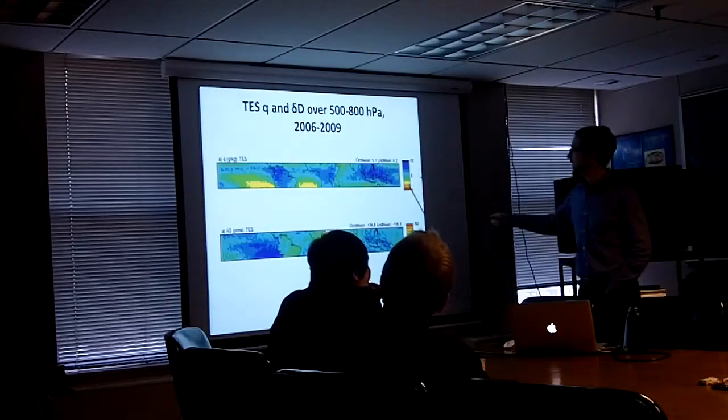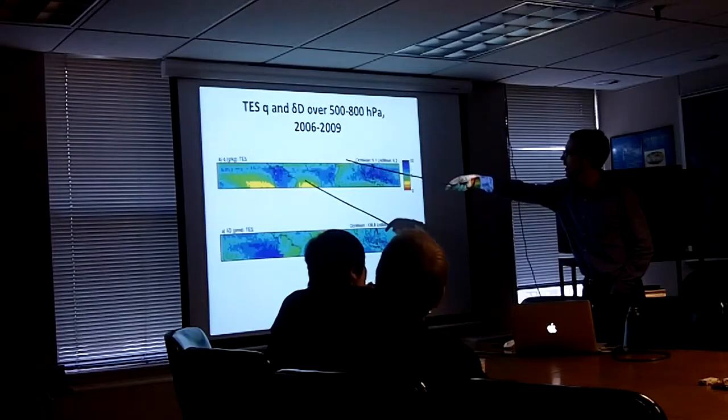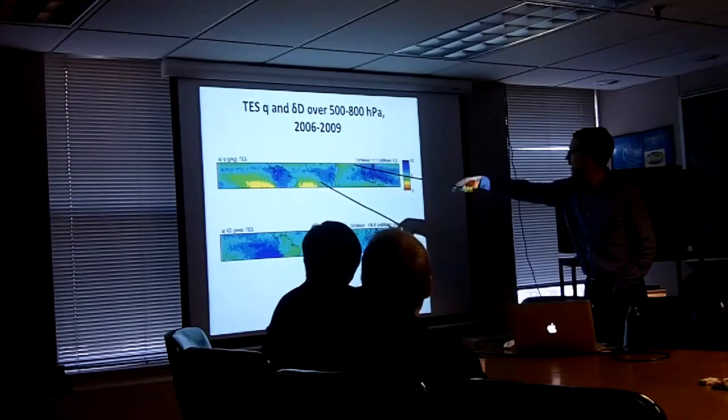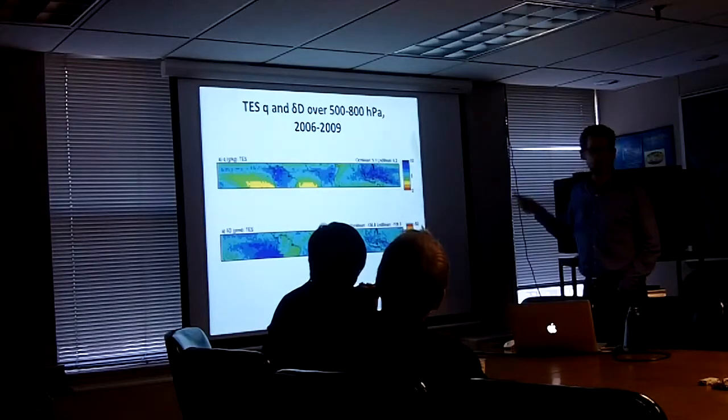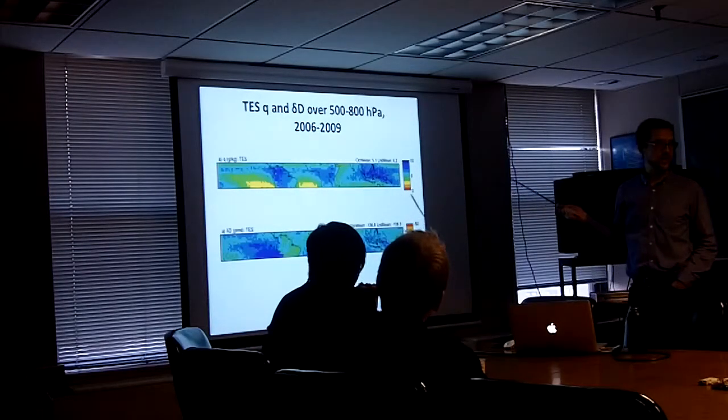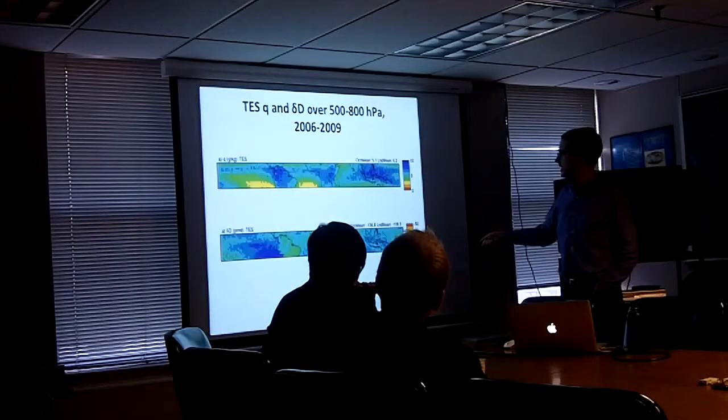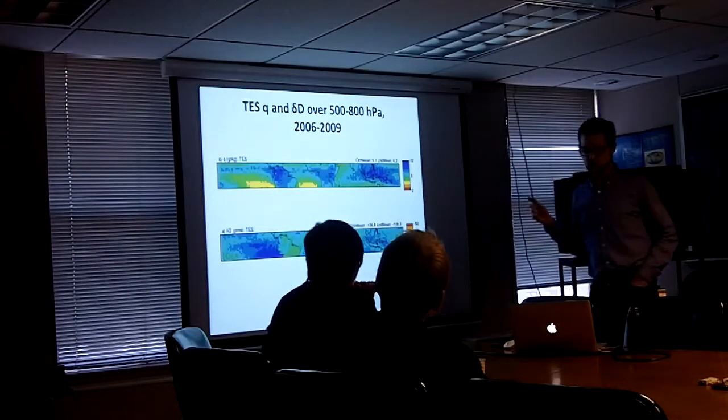One thing I'll point out now is that the H2O, the specific humidity from the water retrieval, is very heavily constrained by reanalysis, unlike the delta D. You'll see that right toward the end.